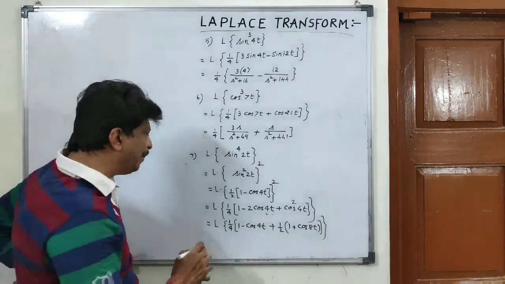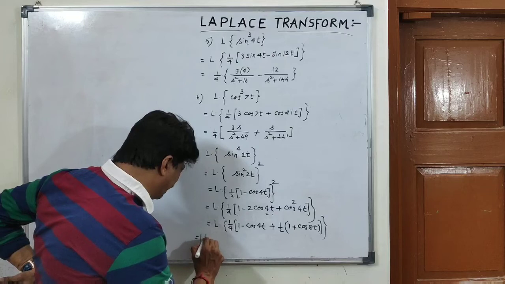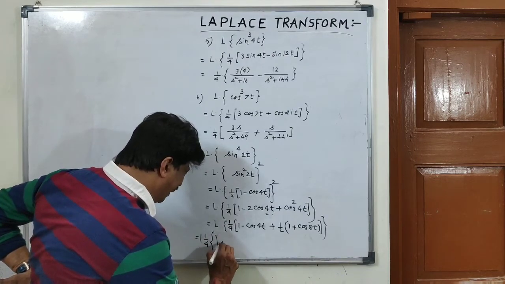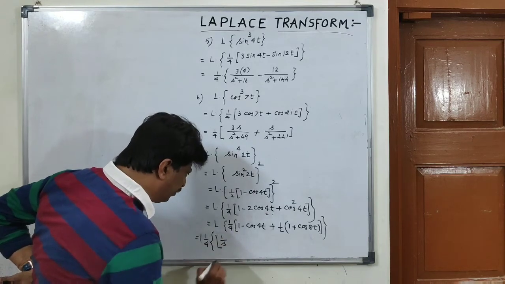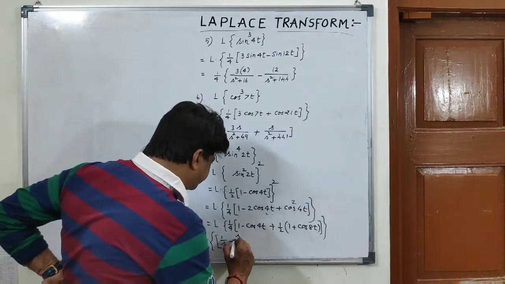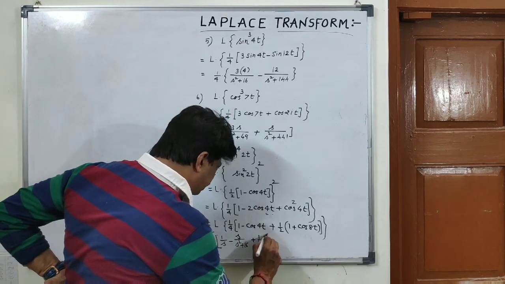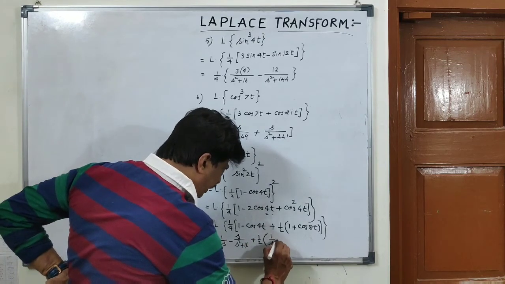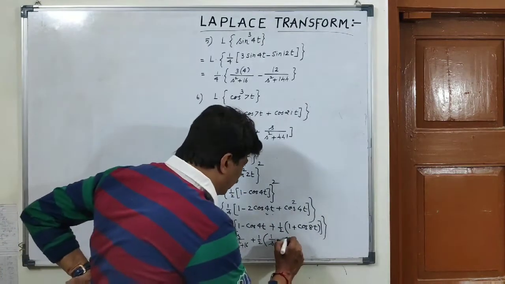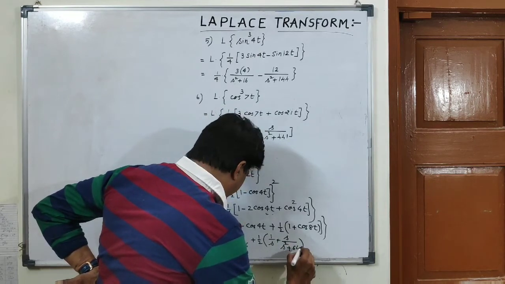Now taking the Laplace transform, that is equal to 1 by 4 times this square bracket: Laplace transform of 1 is 1 by s, minus Laplace transform of cos of 4t is s upon s square plus 4 square, plus 1 by 2 times Laplace transform of 1, again 1 by s, plus Laplace transform of cos of 8t is s upon s square plus 8 square, inner bracket close, outer bracket close.